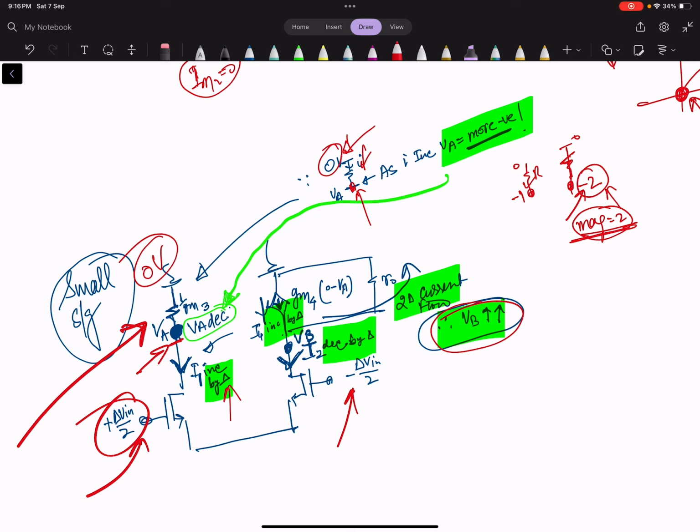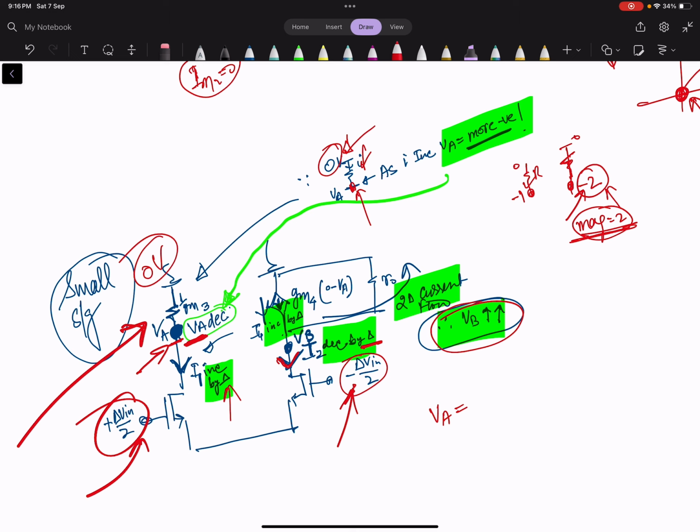Okay, now let's go to the other side. What will happen? This voltage is decreased, so let's say I2 is decreased by delta.